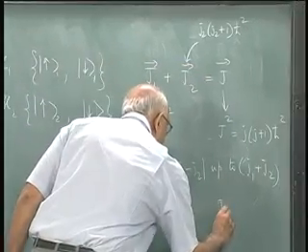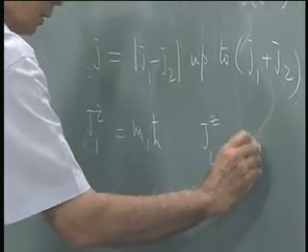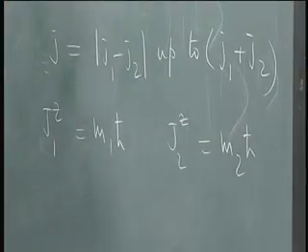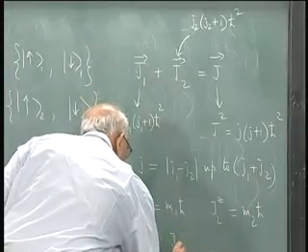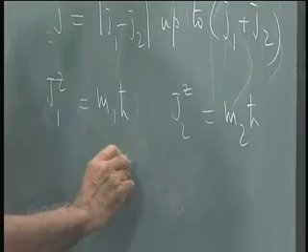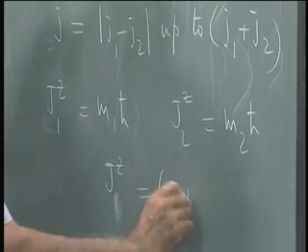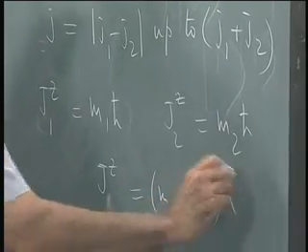Similarly, J2Z is M2 h cross, then Jz is M1 plus M2 h cross.